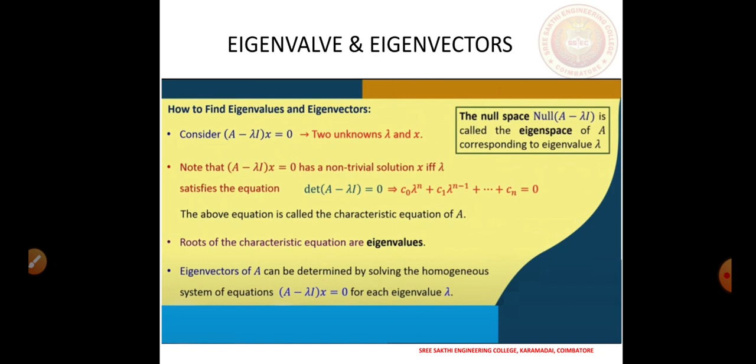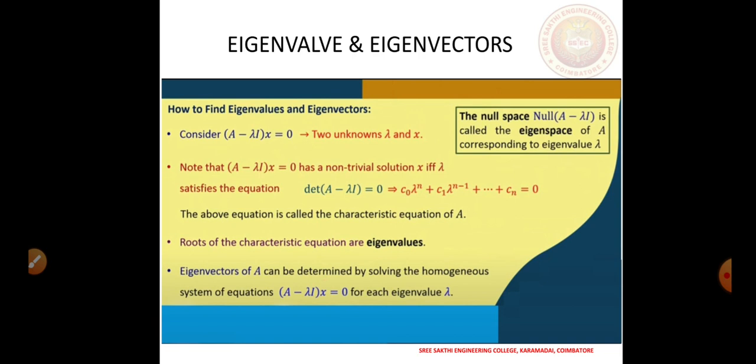They may be distinct or not distinct, real or not real, whatever. The solutions of this equation, which is called the characteristic equation. So this equation is called the characteristic equation of the matrix A. After solving those equations, we can get the possible lambdas.